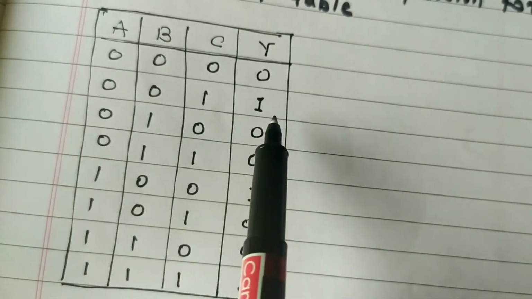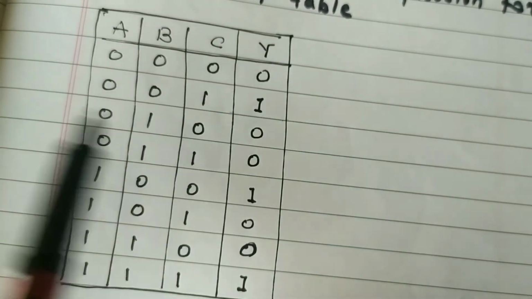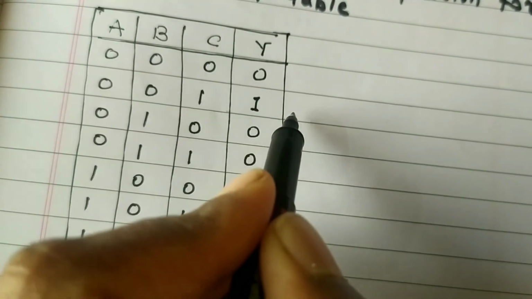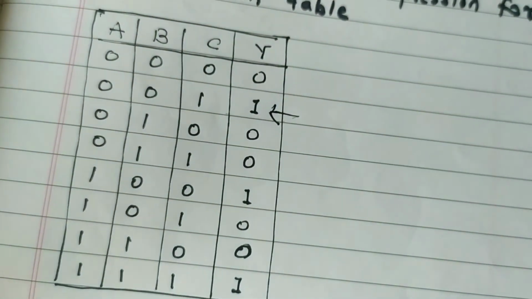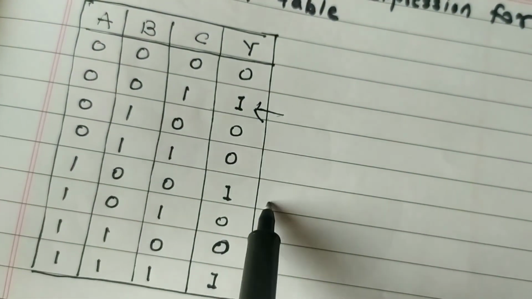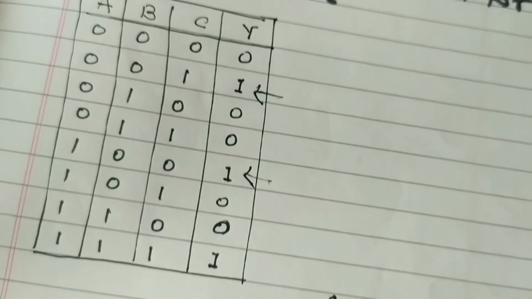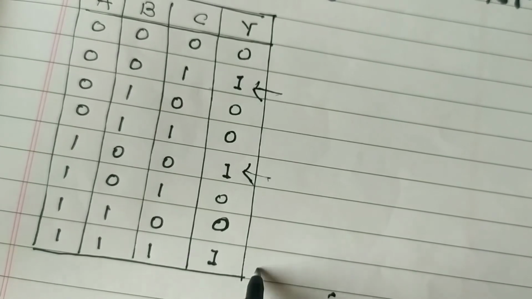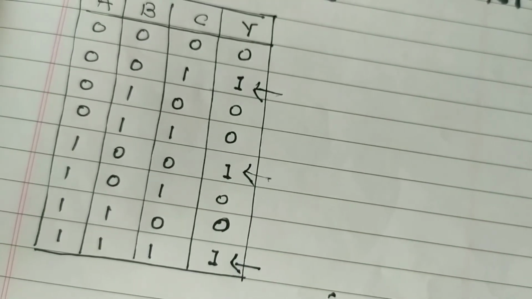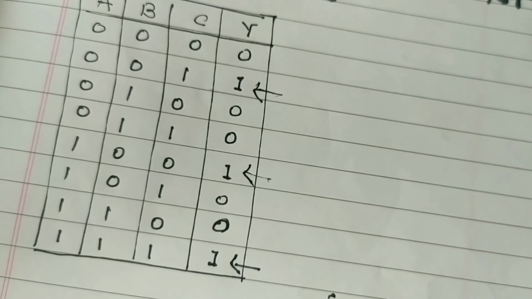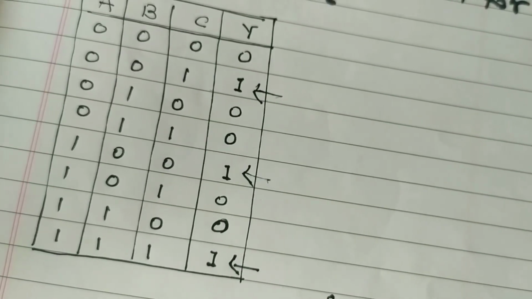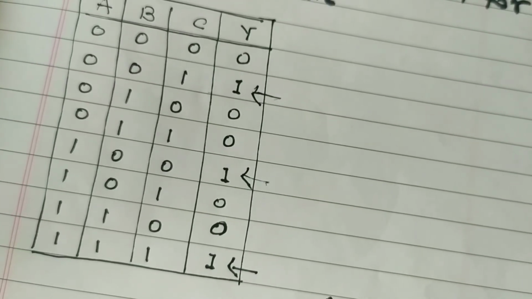See here, in this first condition Y equal to 1. In this second condition, Y also equal to 1, and when all input variables are equal to 1, then also the output is equal to 1. Therefore, write down the minterms for these three conditions.